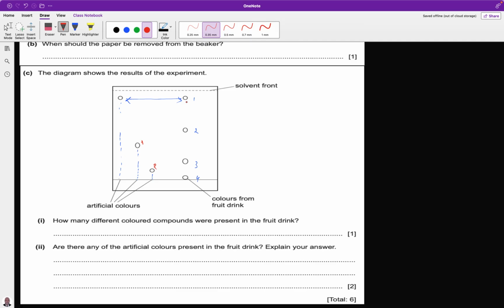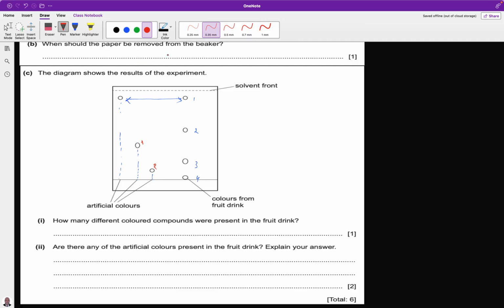Or we can say one of the artificial colors has the same retention factor value, the same RF value, as another one in the fruit drink. Why do I say so?